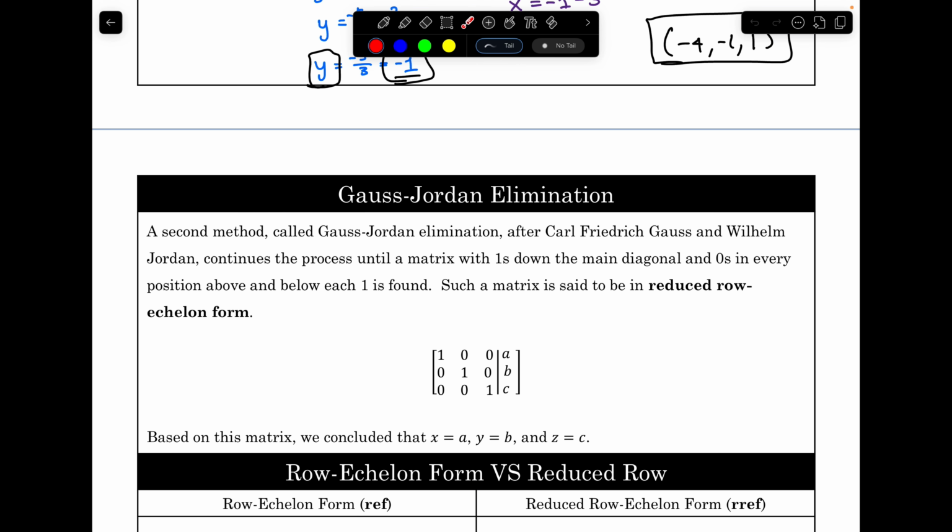By using these row operations, we're able to create this reduced row echelon form, where each row translates to the value of 1x, 0y, 0z equal to a. From the second row, 0x, 1y, and 0z equals b, and then 1z equals c. So instead of doing backward substitution, we can continue the row operations to create this reduced row echelon form of the matrix.